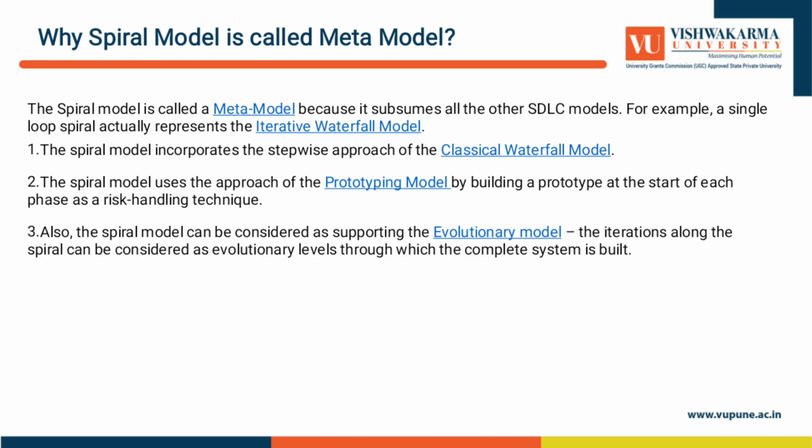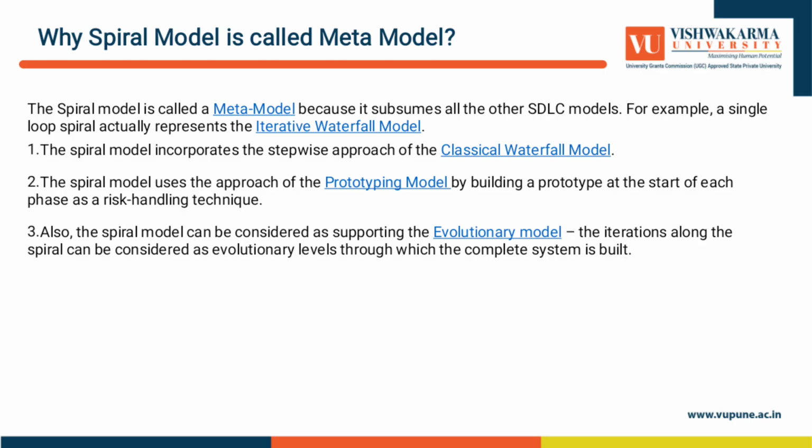The spiral model uses the approach of the prototyping model by building a prototype at the start of each phase as a risk handling technique. Also, the spiral model can be considered as supporting the evolutionary model. The iterations along the spiral can be considered as evolutionary levels through which the complete system is built.